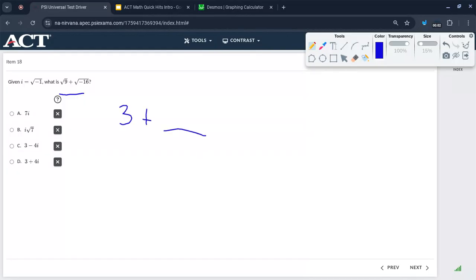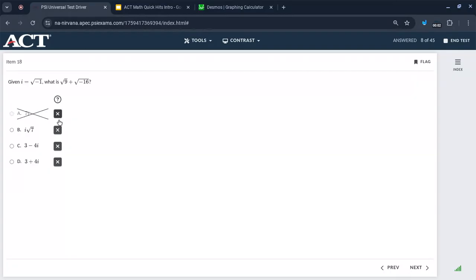The trickier evaluation comes next, but it's going to be 3 plus something. Now, it could be plus a negative number, which would make it subtraction. So right off the bat, I can eliminate two of these choices. I can get rid of A and B because they don't have 3 plus something. I know I'm probably going to end up with an imaginary number, which is just like a variable, and I won't be able to combine it with that 3. So that's why I can get rid of A and B.